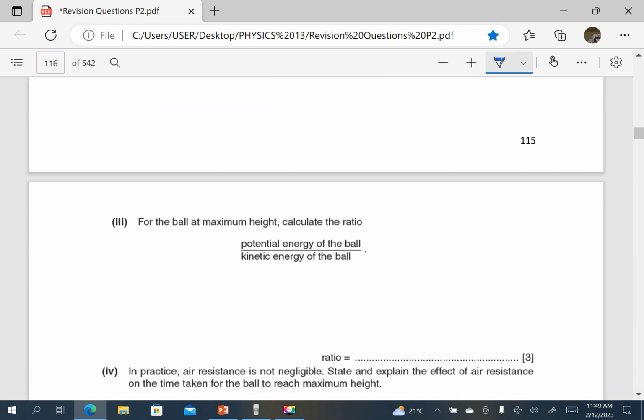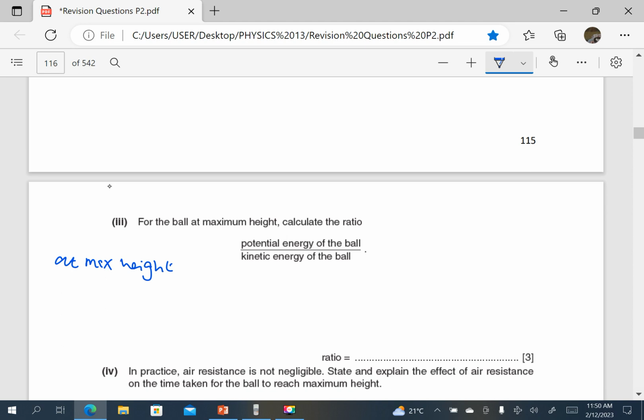For the ball at maximum height, calculate the ratio potential energy of the ball over kinetic energy of the ball at maximum height. Okay, so we know that at maximum height, of course, the vertical component of velocity becomes 0.